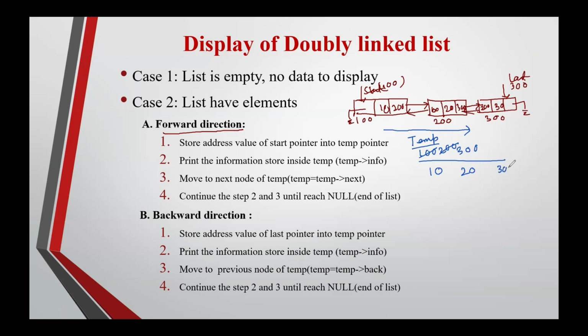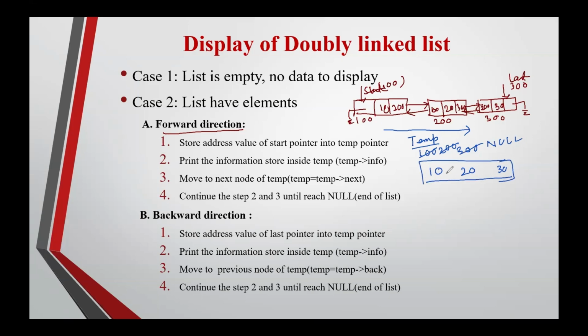Then 300's next equals null, so we have to stop here. Stopping here, what is the information? Sorry, the information is 20, because this is the 20 value. So the information is 20.